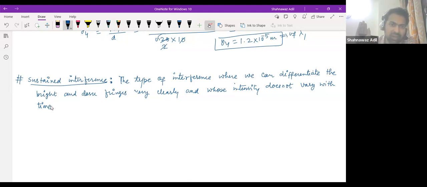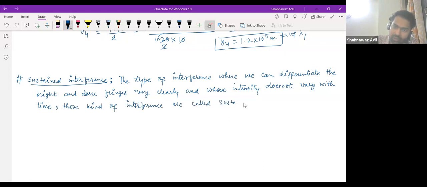So those kinds of interference are called sustained interference.